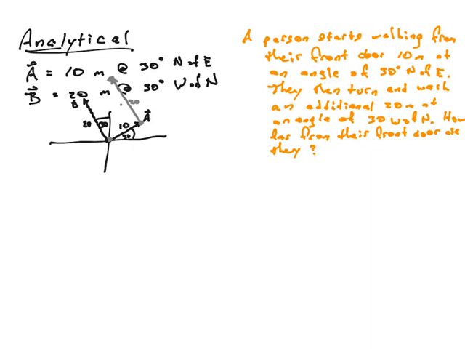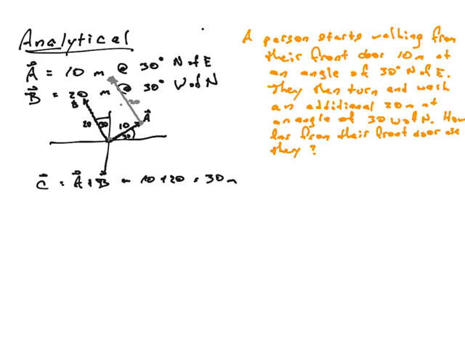The problem is, I already told you, mathematically speaking, you're not allowed to add two vectors together unless they're in the same direction. And you can see vector A points in this direction, vector B points in this other direction. They're pointing in different directions, so I cannot just add them. I can't say vector C, which is A plus B, is 10 plus 20, which is 30 meters.